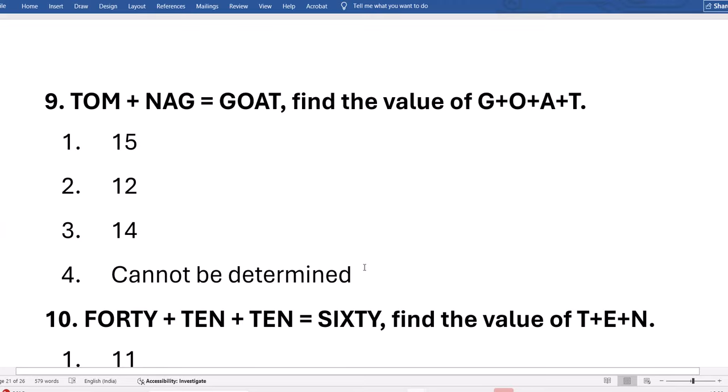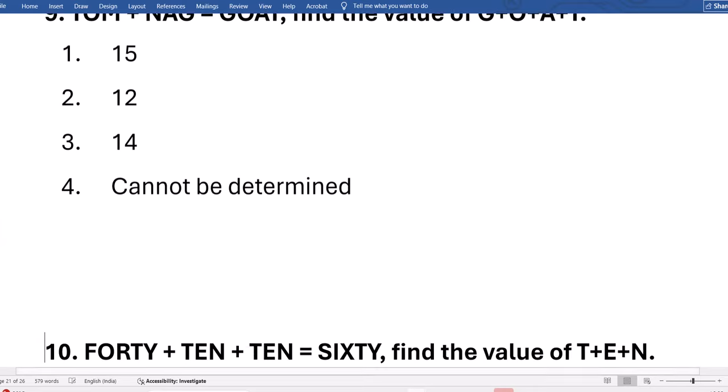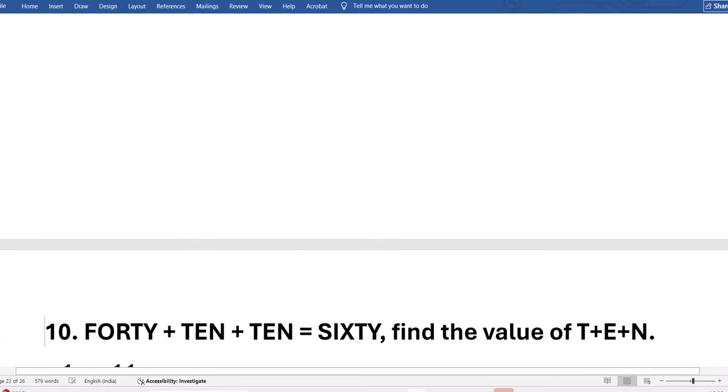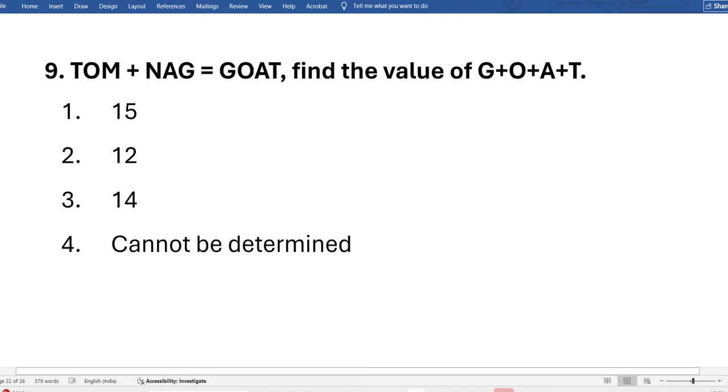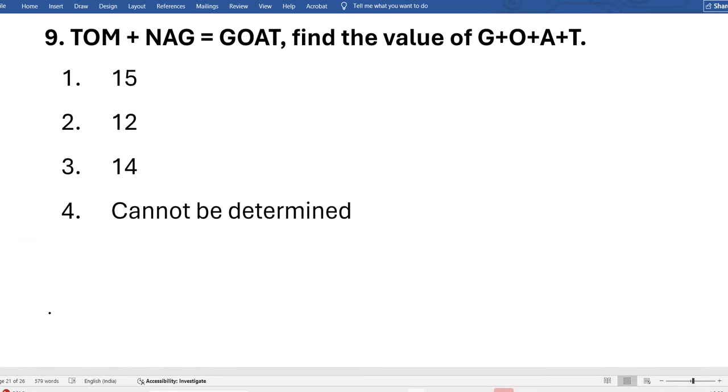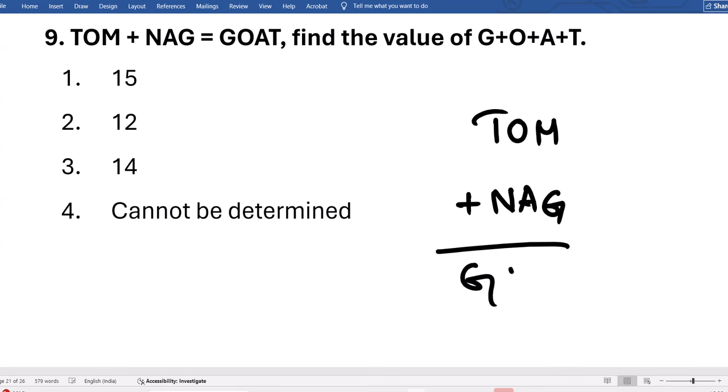Now this one, first time you are seeing the option 'cannot be determined' as well. TOM plus TOM... NAG... GOAT.